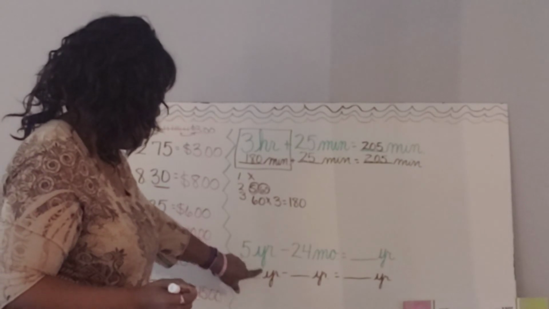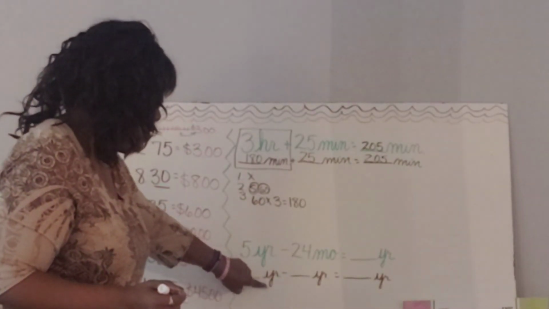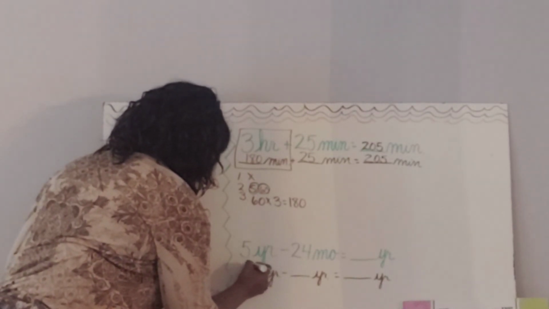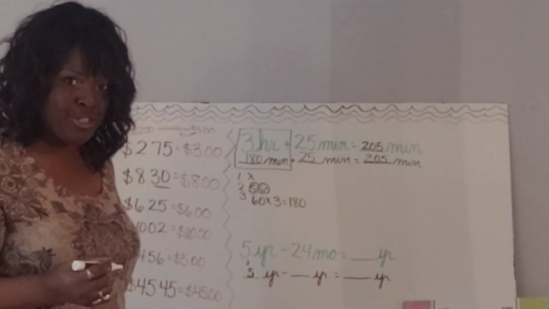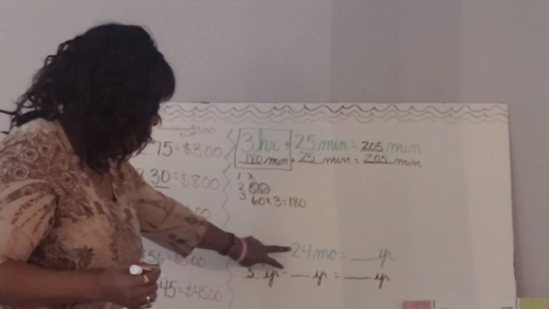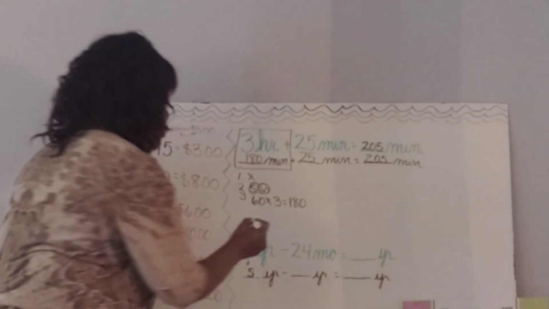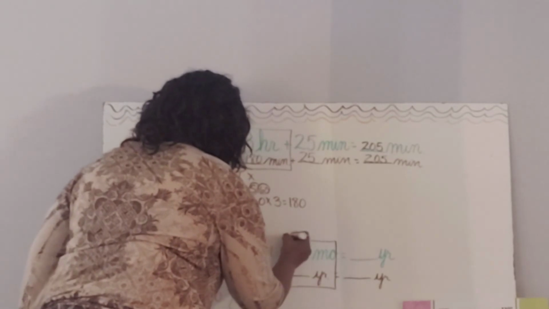Well, year and year are the same. Since year and year are the same, I write the same number down because 5 years is always going to equal 5 years, okay? Months and years are the ones that are different. So since those are the two that are different, I'm going to box them.